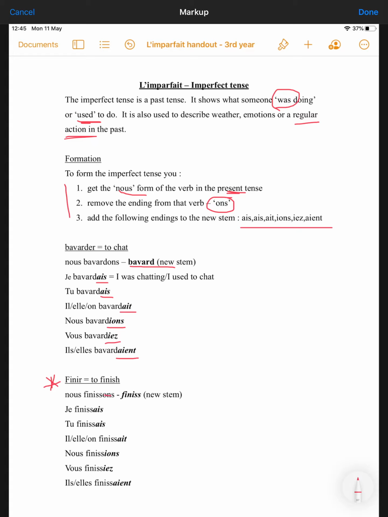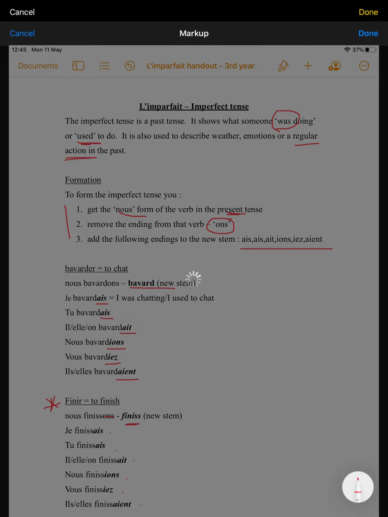But you just take off the ONS part. So your stem is finiss for the imperfect. And again, on go the endings all the way down. If I had taken a shortcut and dropped the IR, I would have had the wrong stem. So you do need to go the long way around, especially for the IR verbs and for all irregular verbs in the present also.